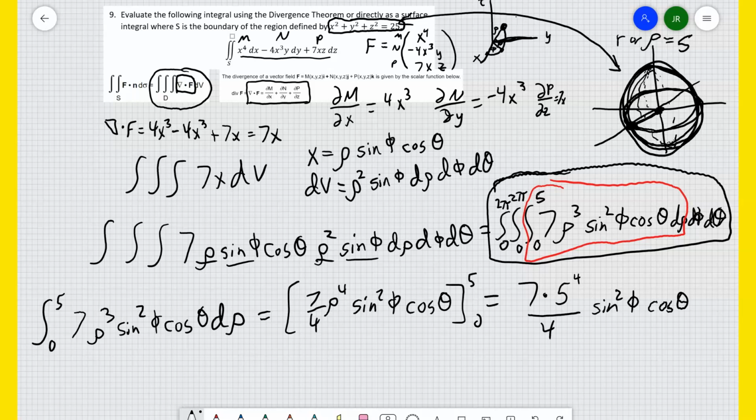All right, hold that thought. Now I'm integrating that with the second part of this integral, which is going to be the integral from 0 to 2 pi of that stuff, d phi.